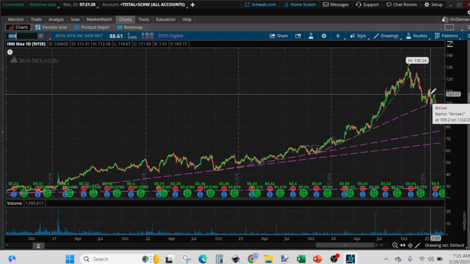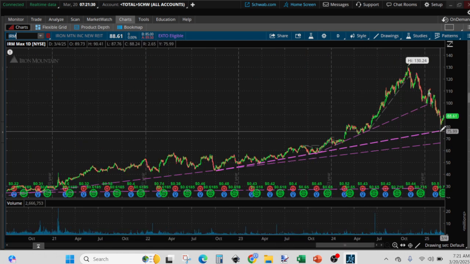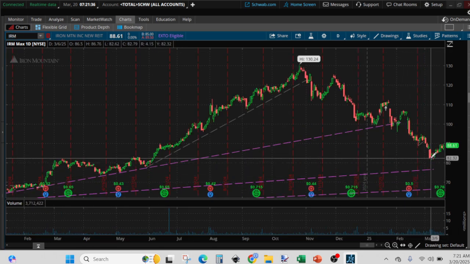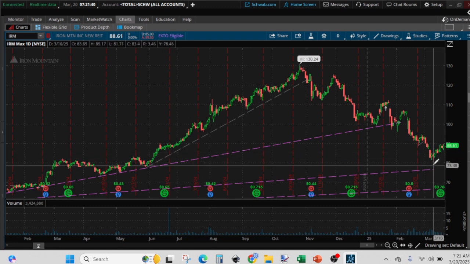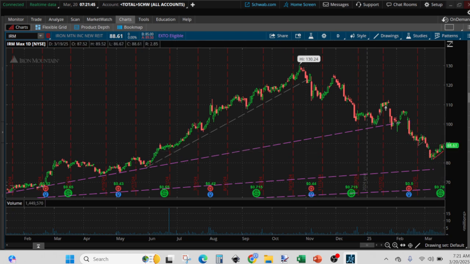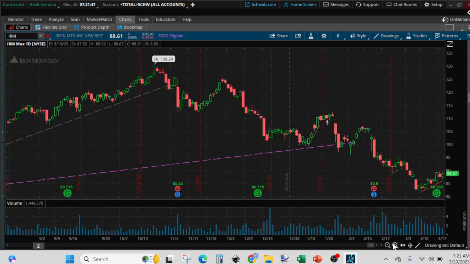IRM, we purchased it there and it pulled back on us to this trend line or so and started going up from there. It's making higher lows there. Yesterday could have been a purchase as well, or today if I want to buy some more of it.